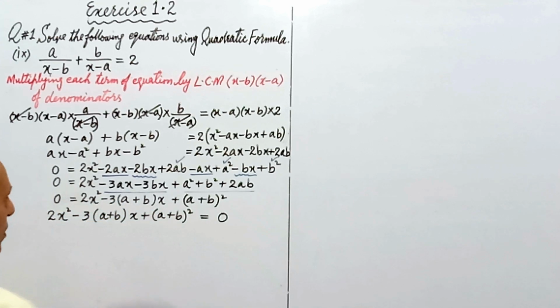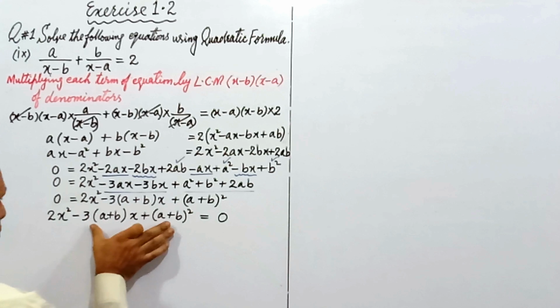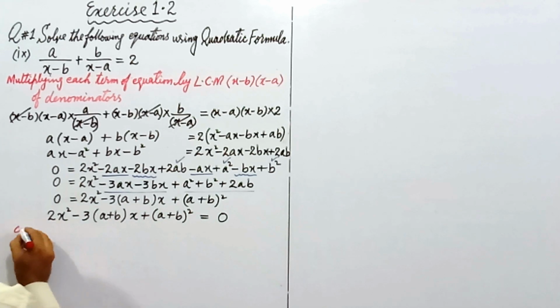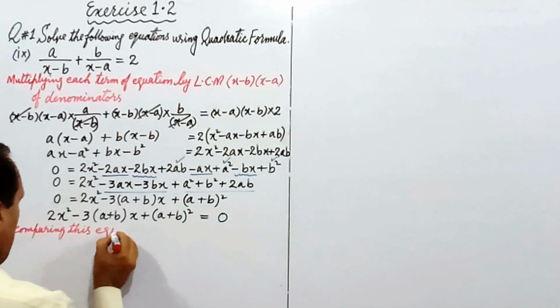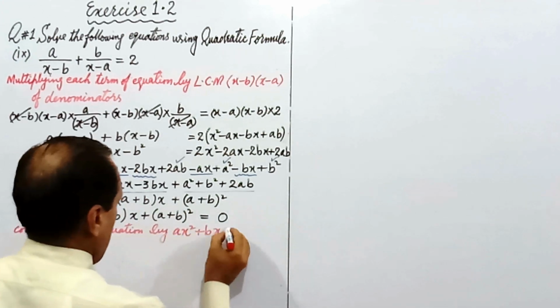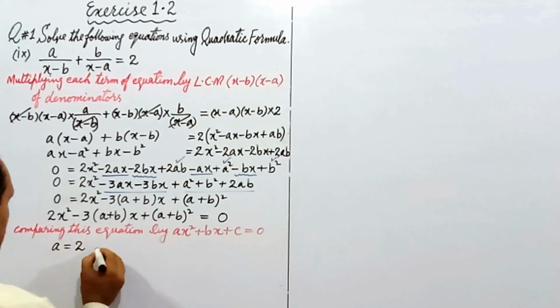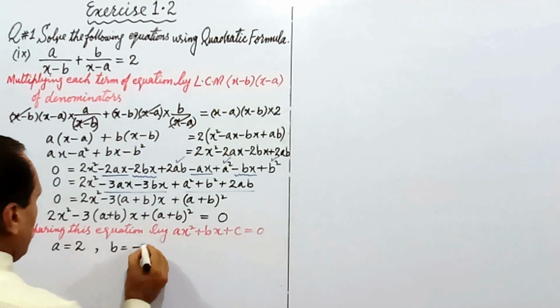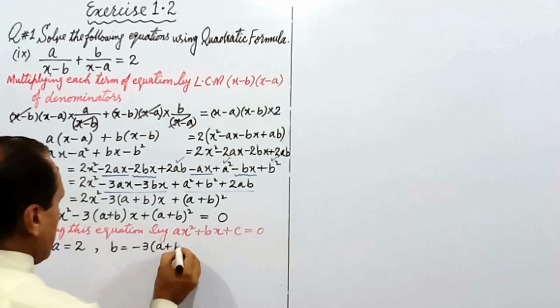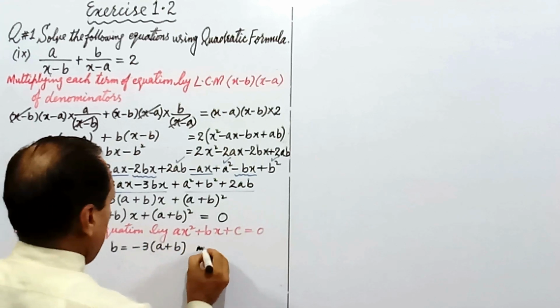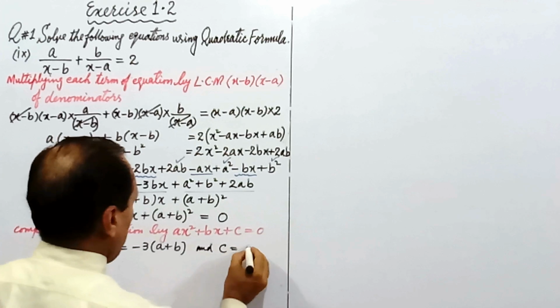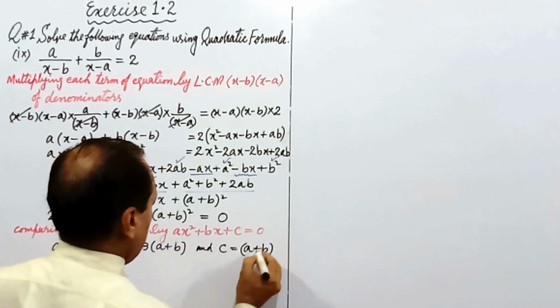Now we can compare this equation with the standard form of quadratic equation. We have a is equal to 2, b is equal to minus 3 into a plus b, and c is equal to a plus b whole square.